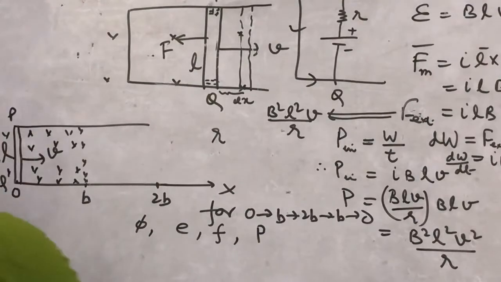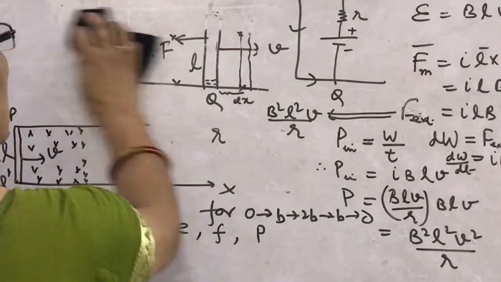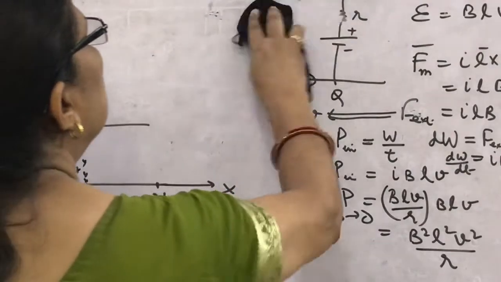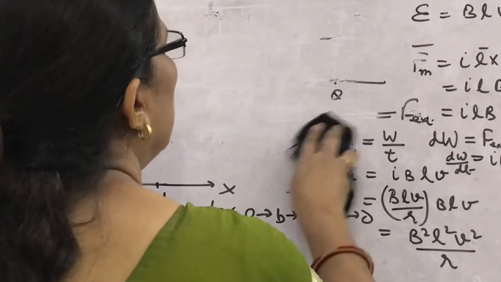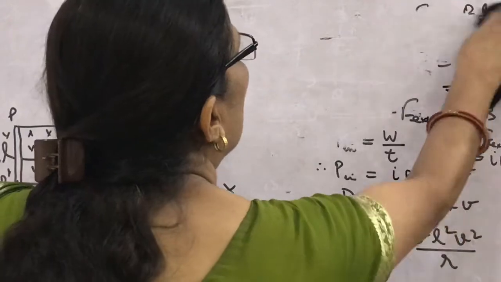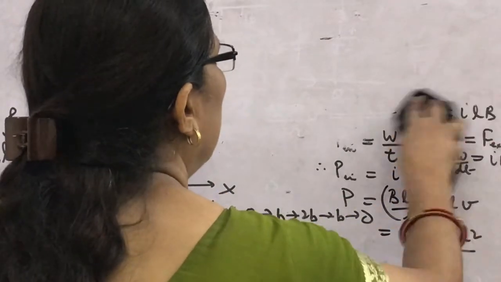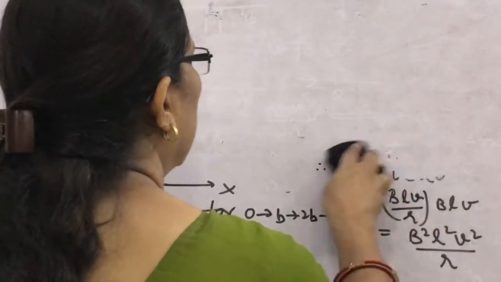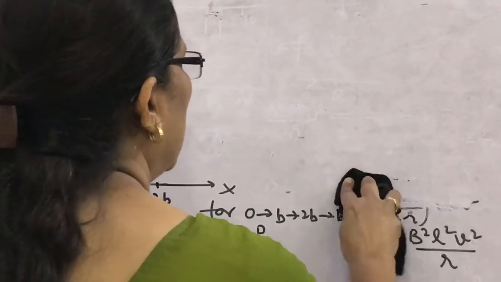Then how will you plot the graph? Look here, I will take the y axis at which all these four quantities are to be plotted, and then I will find the graph for flux, EMF, force and power. How will you find the graph?